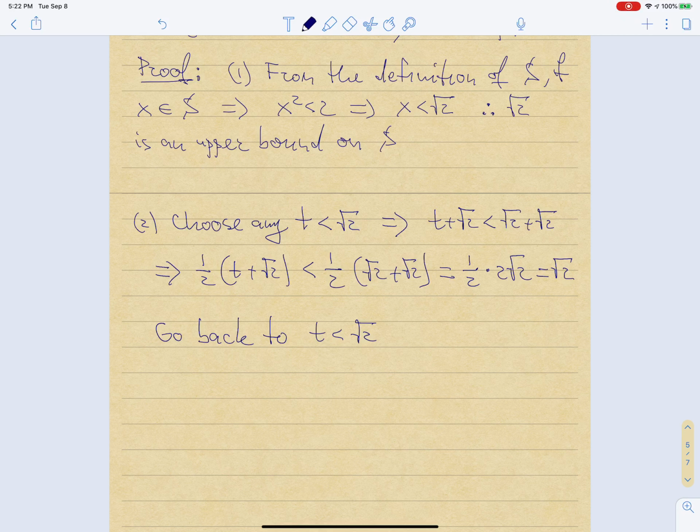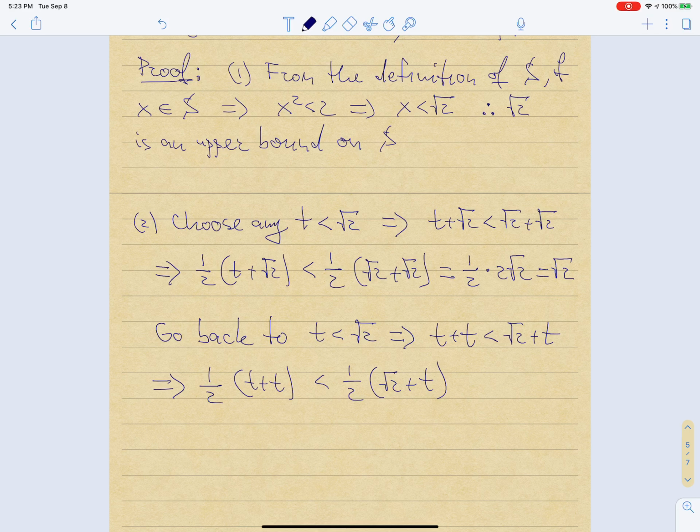Let me now add t to both sides. t plus t is less than square root of 2 plus t. And again, I'm going to multiply both sides by 1/2. So 1/2 t plus t is less than 1/2 square root of 2 plus t, right?